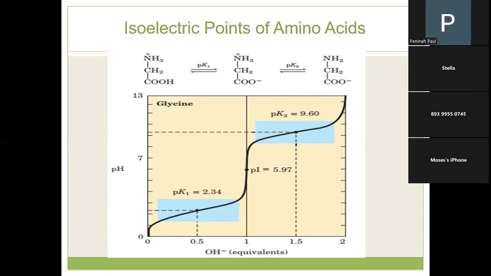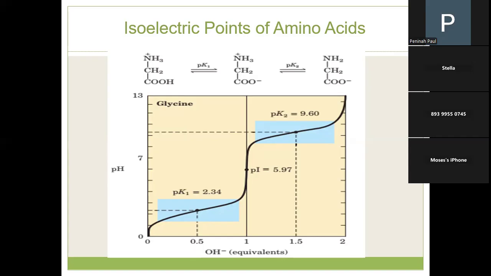Okay. So let me briefly say it again. Now, when you have a solution of a particular amino acid, you determine the pH at which the amino acid or the solution becomes neutral.